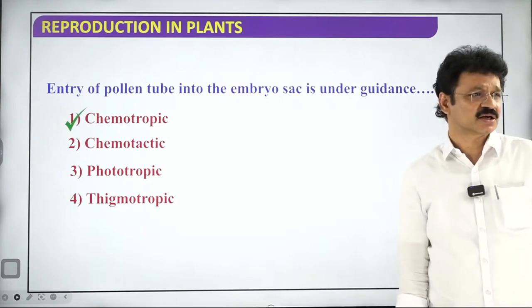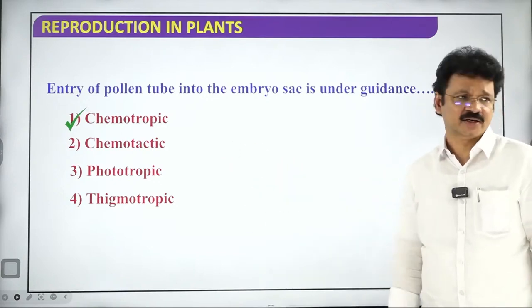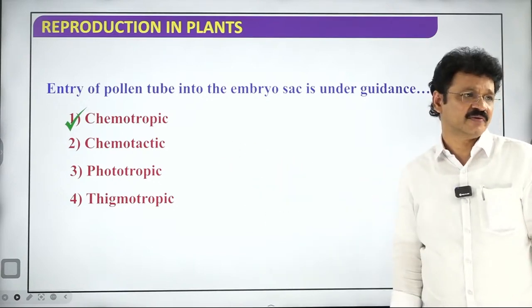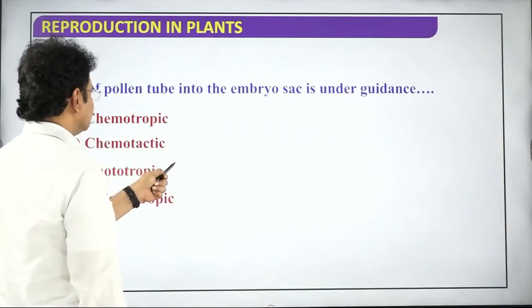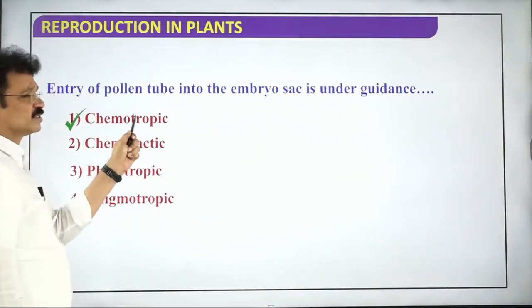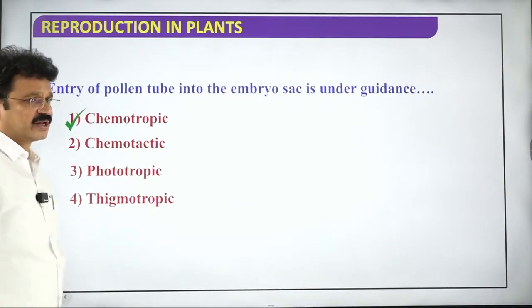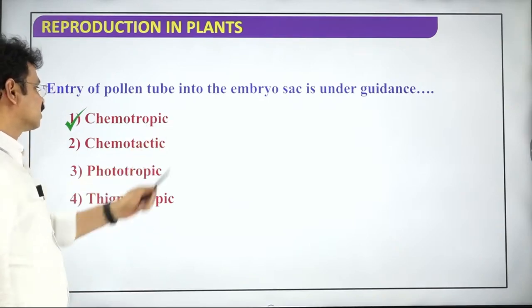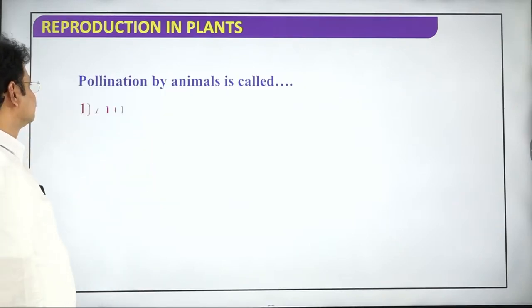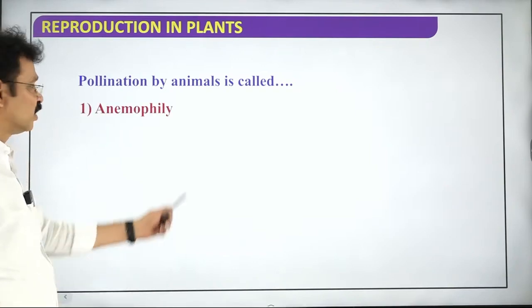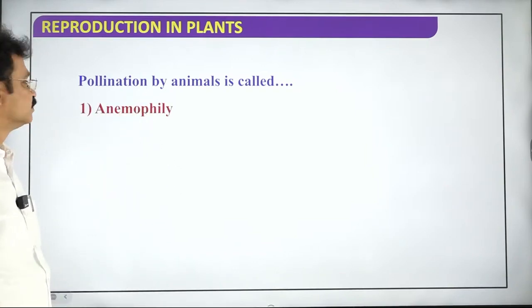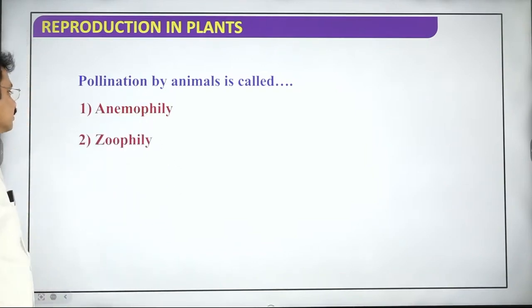That process is chemotropic, but the movement is called chemotactic. Both are slightly variable. The pollen tube growth phenomenon is chemotropic, also called chemotropism. Next, pollination by animals is called, as you learned in the last class, pollination by animals.